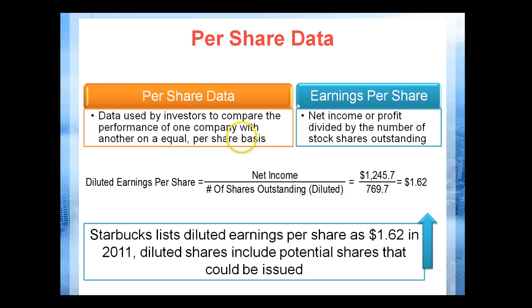The diluted earnings per share is only necessary when you're talking about organizations that have convertible bonds that can potentially be converted to common shares of stock. So if an organization does not have bonds that are convertible to stock, then you will not see a diluted earnings per share. However, all public companies will have an earnings per share number.